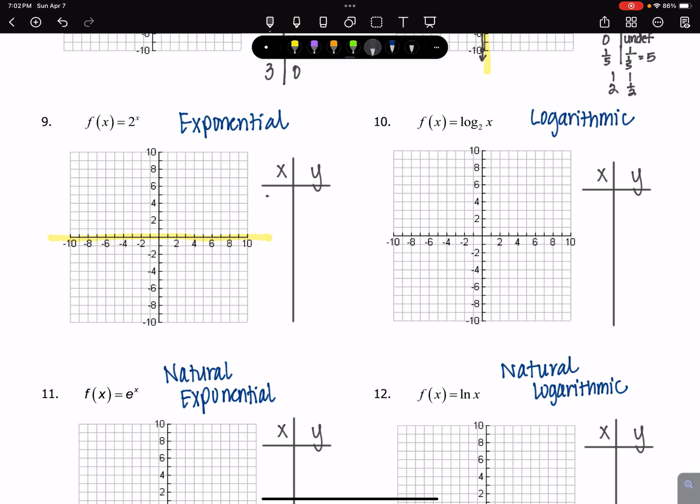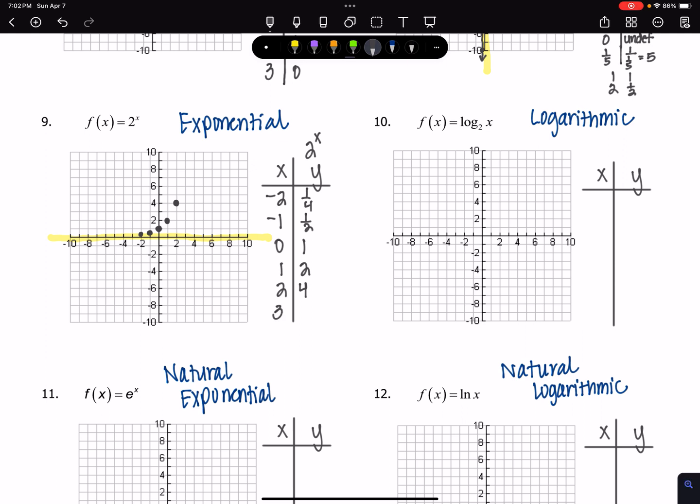When you put a negative 2 in, I would get 2 to the negative 2, which is 1/4. When I put a negative 1 in, I'd get 2 to the negative 1, which is 1/2. When I put a 0 in, 2 to the 0 is 1. When I put a 1 in, 2 to the first power is 2. When I put a 2 in, 2 squared is 4.